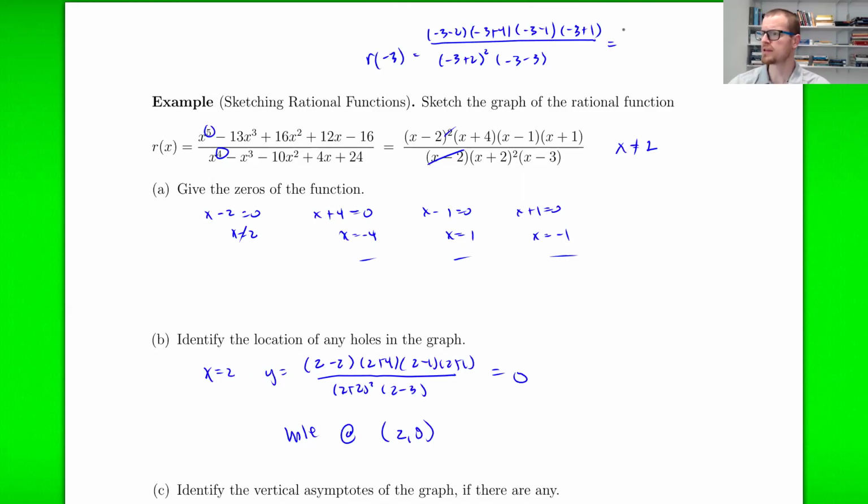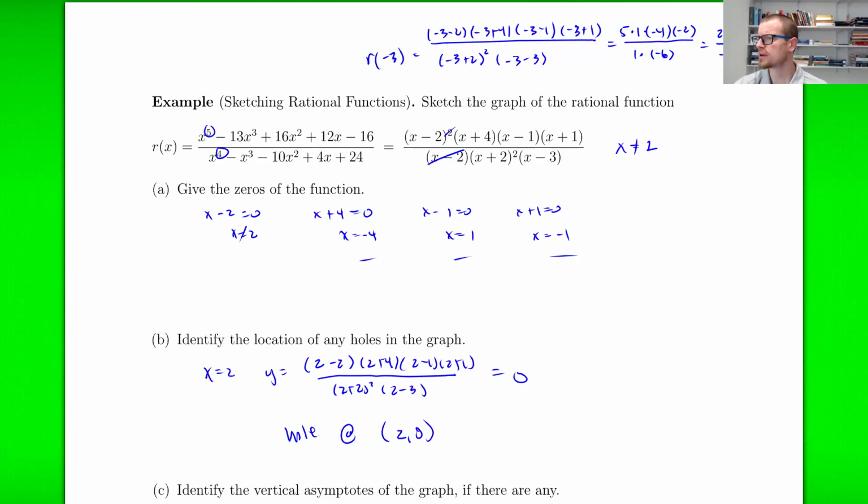All right, so -3 minus 2 is 5. -3 plus 4 is 1. -3 minus 1 is -4. -3 plus 1 is -2. -3 plus 2 is -1 squared, which would just give us 1. -3 minus 3 is -6. There is a common factor here of 2 and 2. I have 2 negatives and 1 negative here, so these ones will cancel. That leaves me with a -3 in the denominator. 5 times 4 is 20.